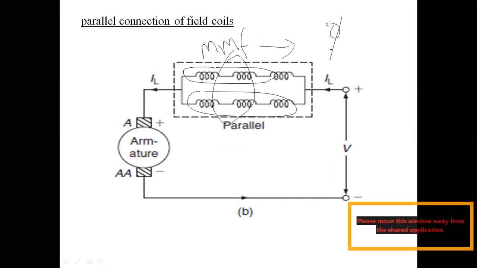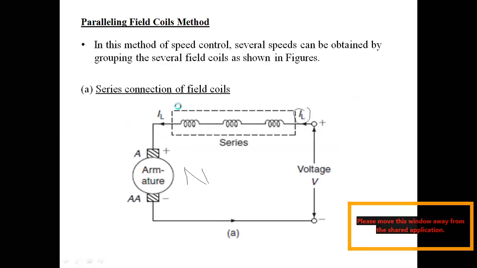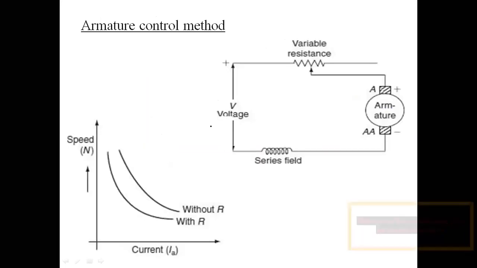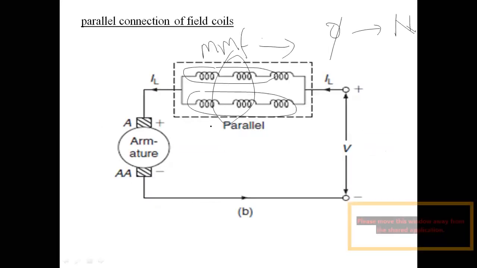By changing the flux, the speed is going to be changed, either increased or decreased. This is for the understanding of series connection and parallel connection. That's why we call it the paralleling field coil method. So these are the four methods under the field control methods.